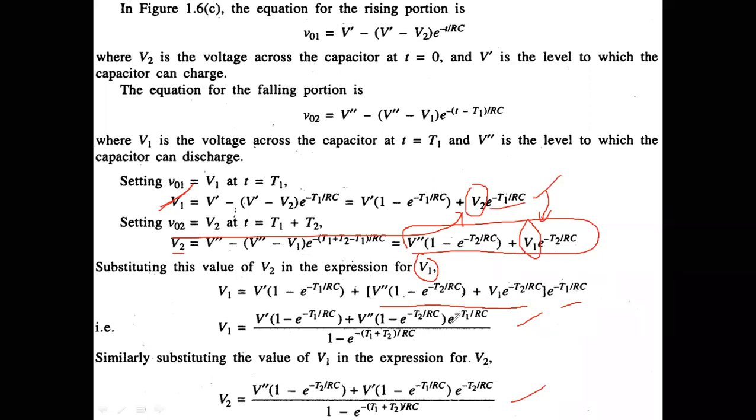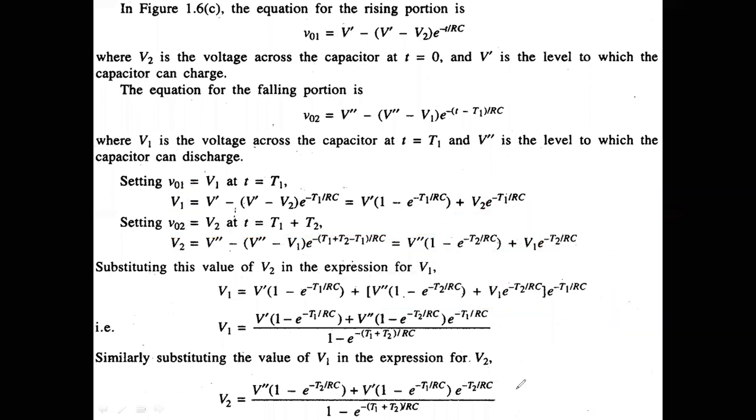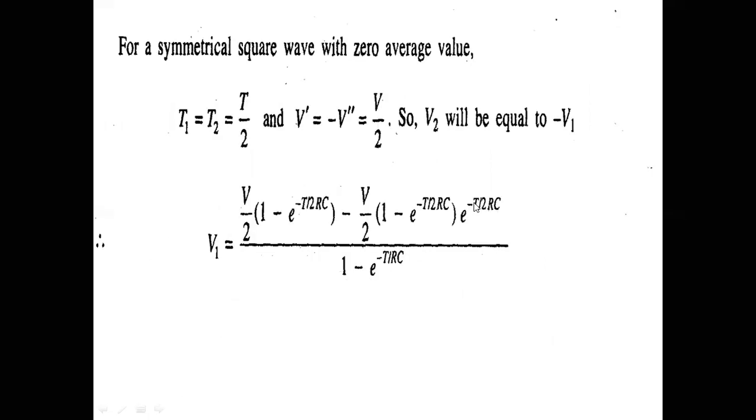Then if I take the LCM and simplify, I may get this expression. Similarly, you may get the V2 expression also, so that you get V1 and V2.